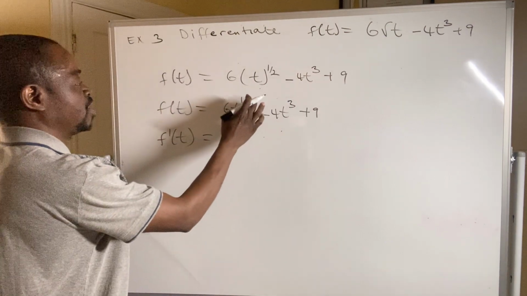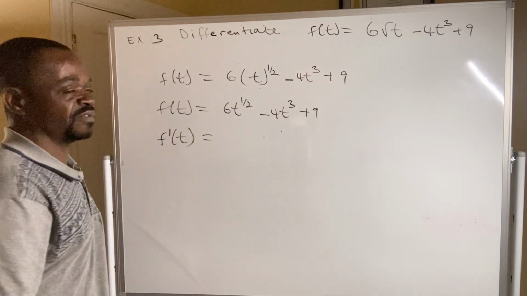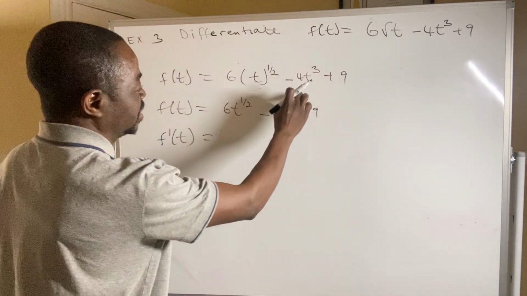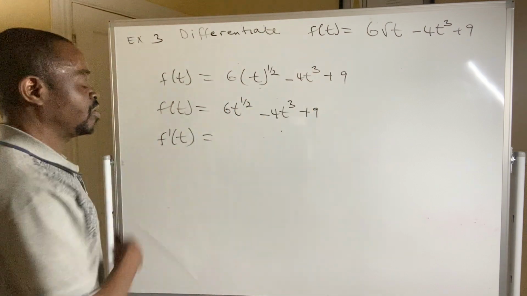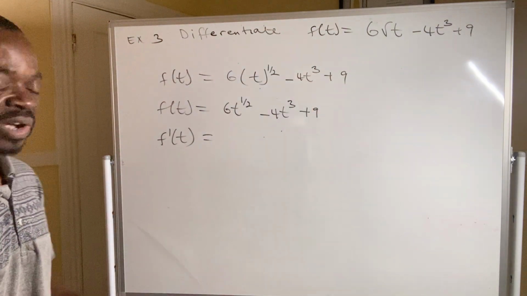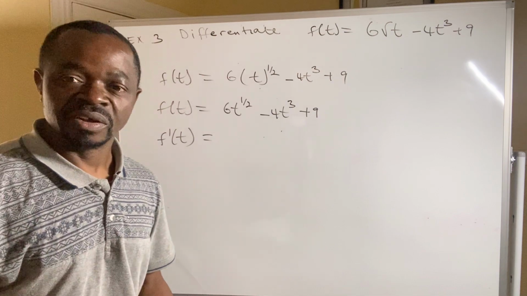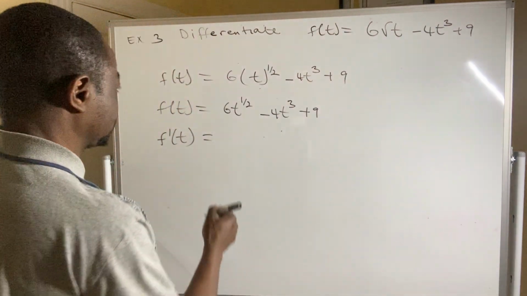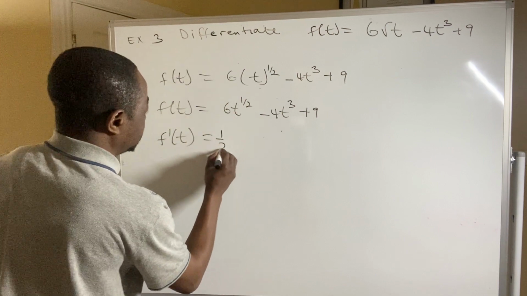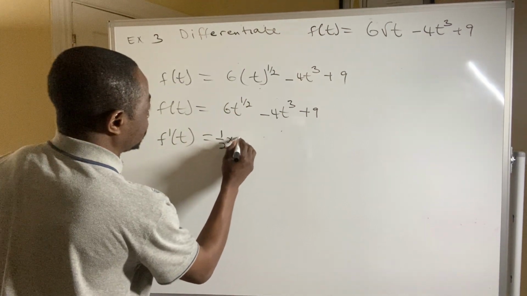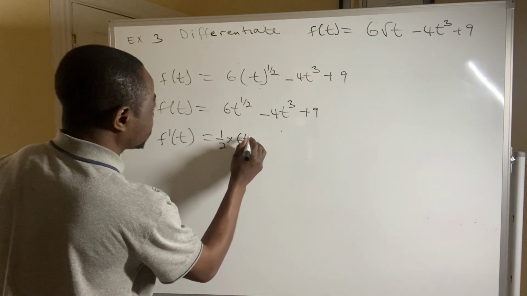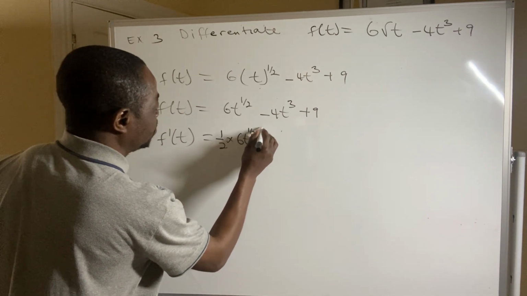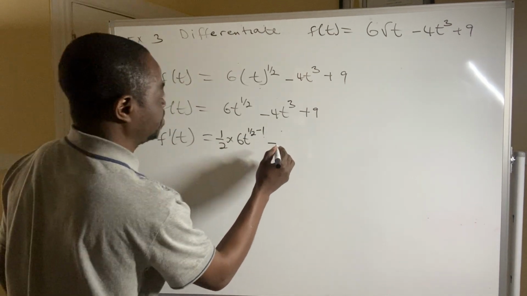so we're bringing down our power. Our power here is half. And we also have a power here, 3. So we bring the powers down, multiplied by the coefficients of t, and then reduce the power by 1. So half times 6t to the power half minus 1, and then this is minus.